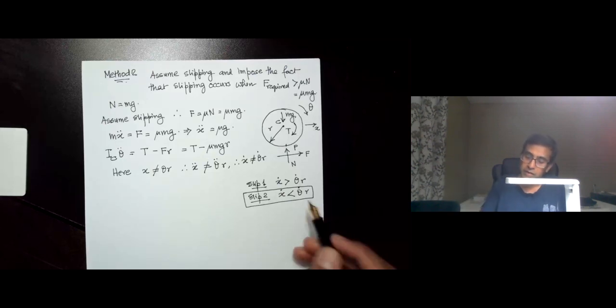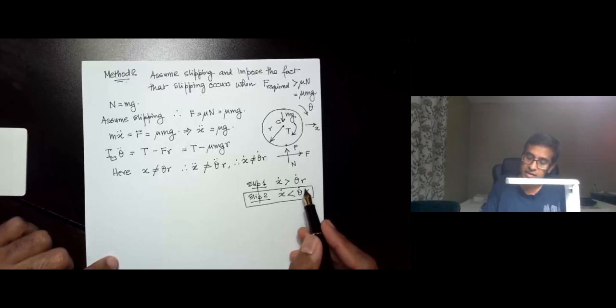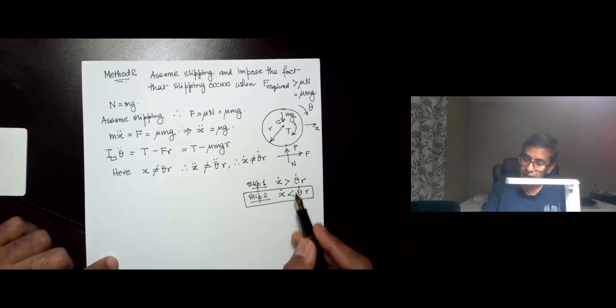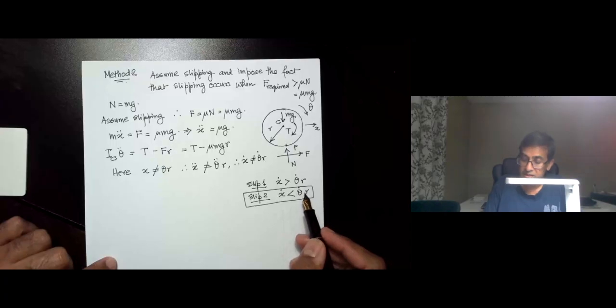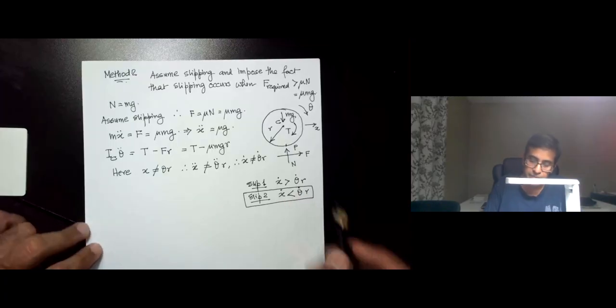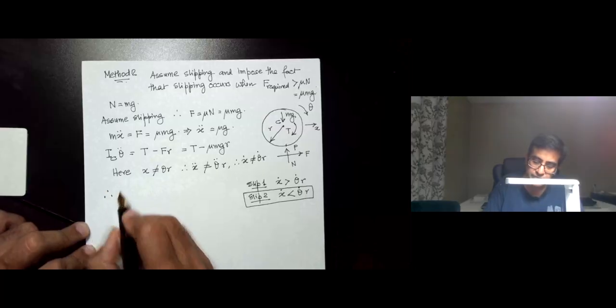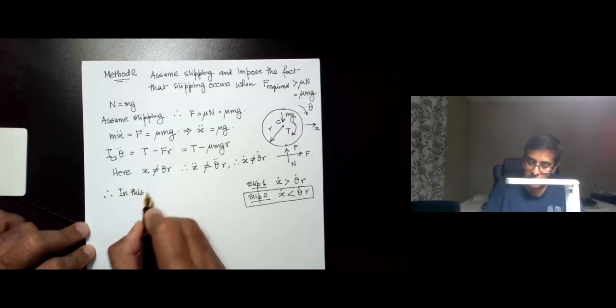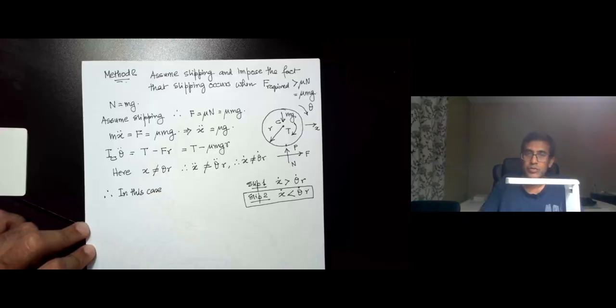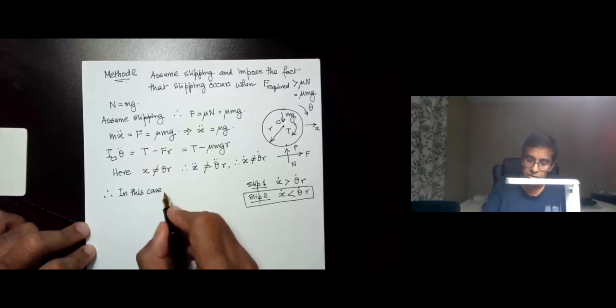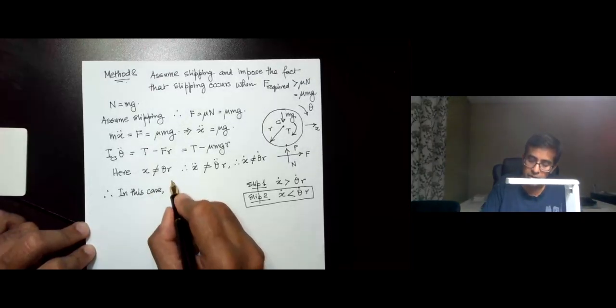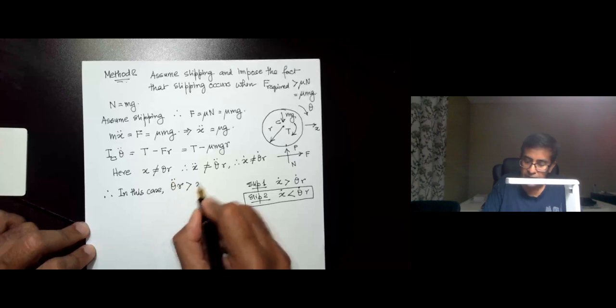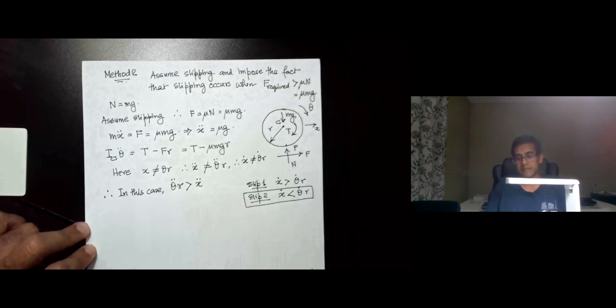So because the motive force is affecting theta dot, the slipping happens in this case by theta dot r exceeding x dot. So in this case, when it slips due to the motive force being provided by the torque, theta double dot r is greater than x double dot.